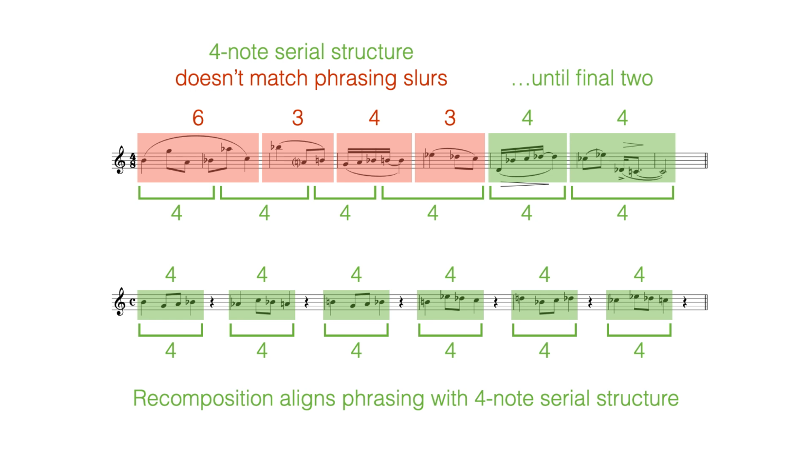And that sort of tense relationship among the structural levels is a persistent feature of his music and of musical modernism generally. It's a feature, not a bug. The serial scheme provides an underlying regularity that the melodic surface plays with and against.